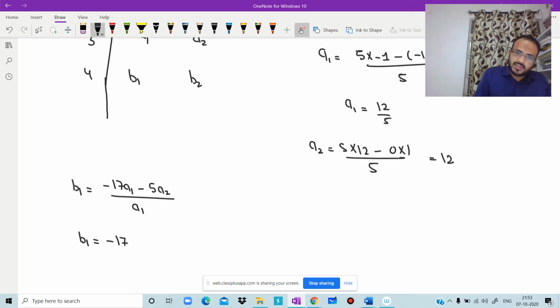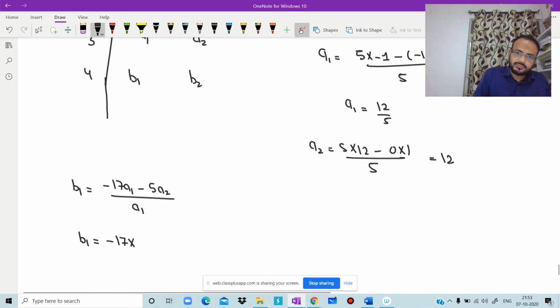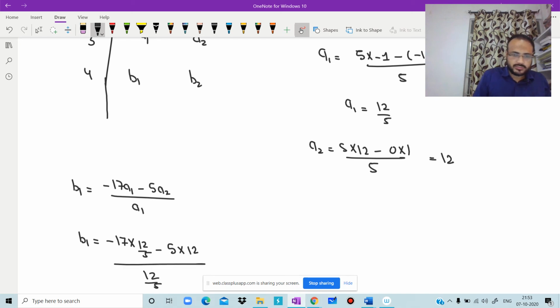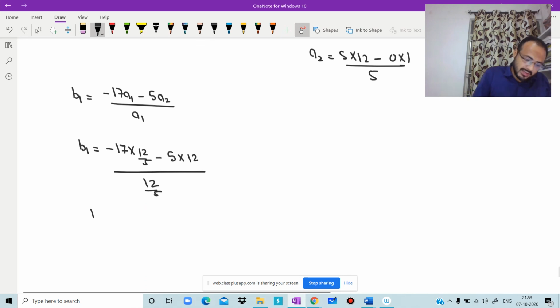B1 is equal to minus 17 into 12 by 5 minus 5 into 12, divided by 12 by 5. After solving, you will get the value of this one: minus 42. Is it clear?